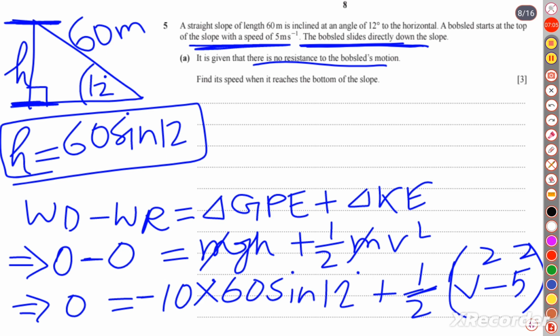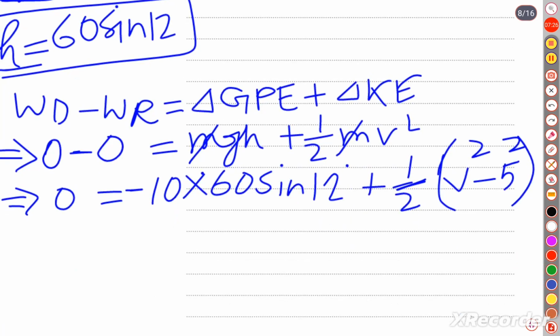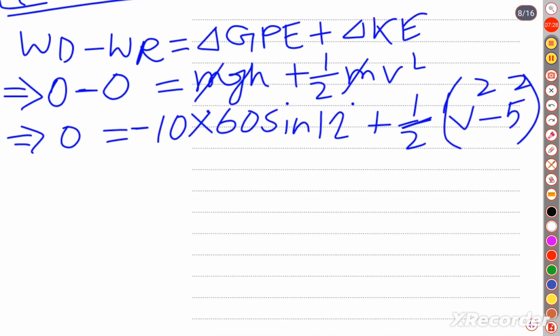So final height was 0, and initial height, actually this is the difference between the final and initial height. If we subtract the initial height from final height, it will be negative, because initial height was more, since the bobsled was sliding downward. Well, let me write just below this.